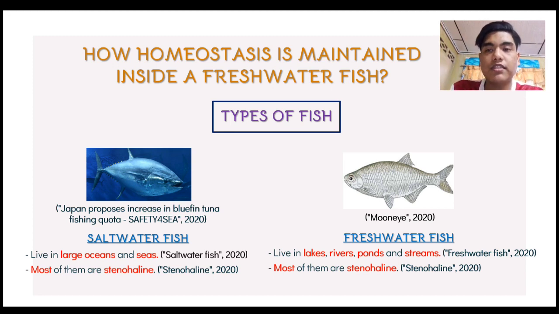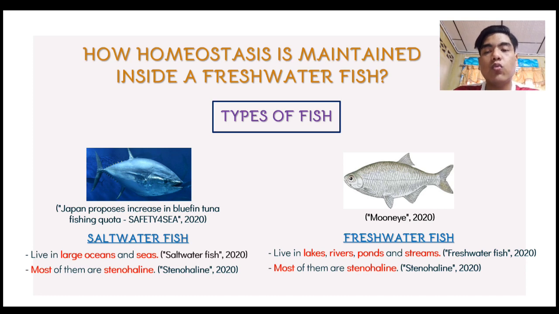Both saltwater fish and freshwater fish are mostly stenohaline animals because they cannot tolerate substantial changes in their external osmolarity, or in other words, they cannot tolerate a wide fluctuation in the salinity of water.